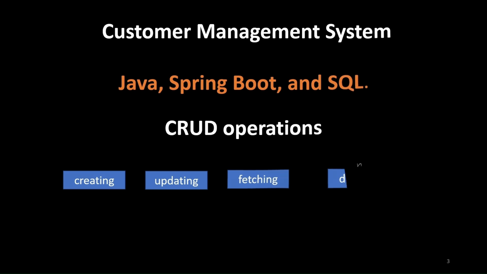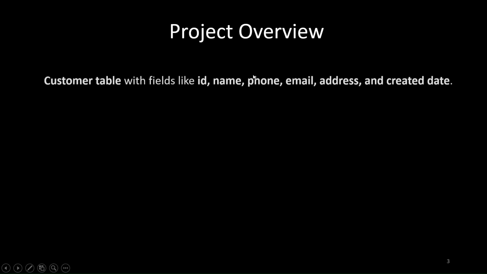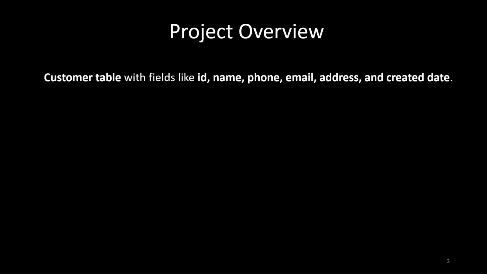First of all, let me explain the overview of the project. The first thing we have to do is create a customer table with fields like ID, name, phone, email, address, and creation date.